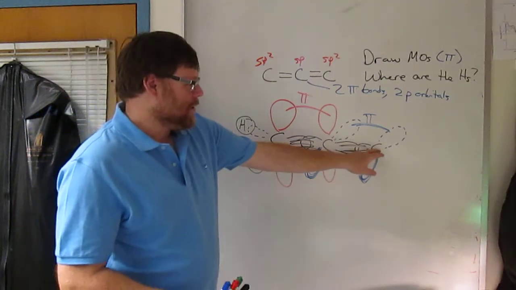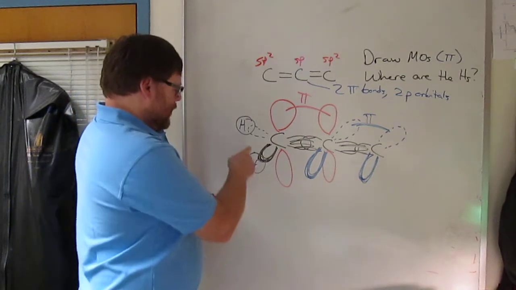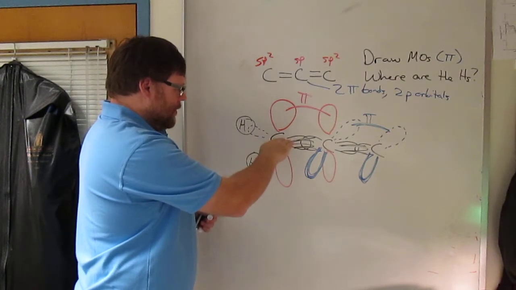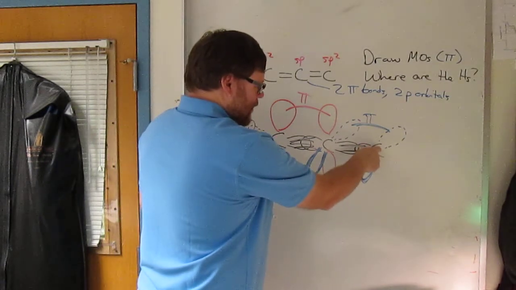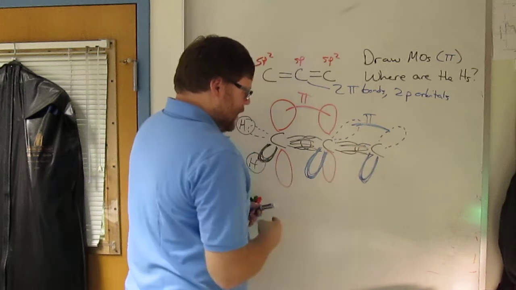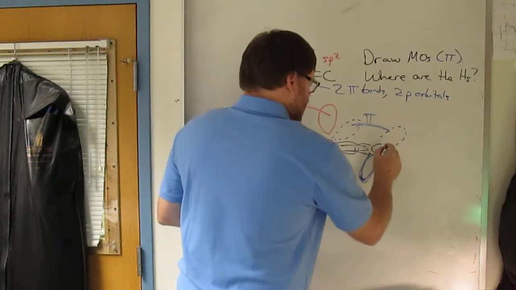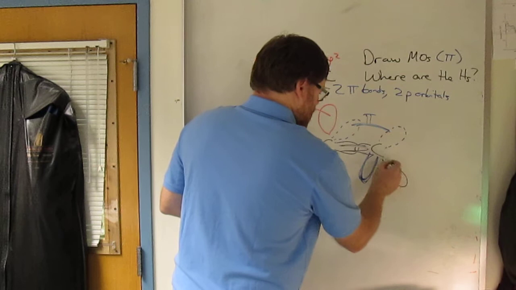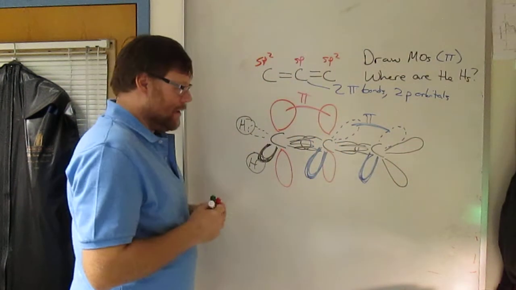Okay, then where do the hydrogens go for this carbon? Well, if you look at the sp2 hybridized carbon on the left, the sp2 orbitals are orthogonal to the p orbital. So that means the sp2 orbitals on this carbon have to be orthogonal to this p orbital. This is going to get really messy, I think. So this is in the plane, and that's in the plane, and I'm drawing them a lot longer than they should be.